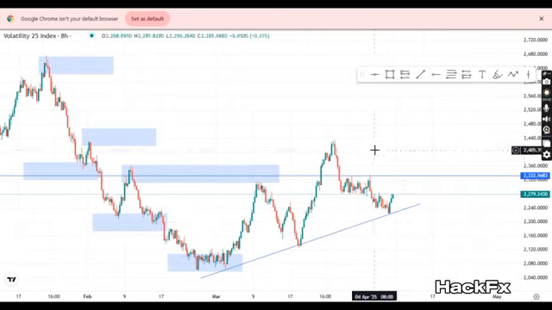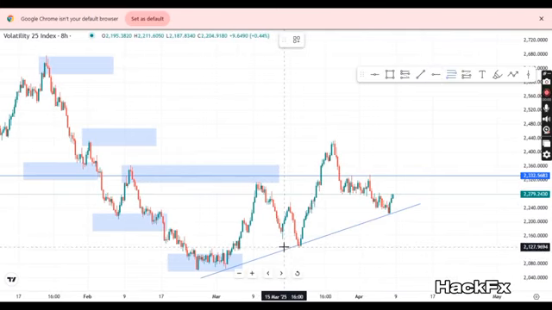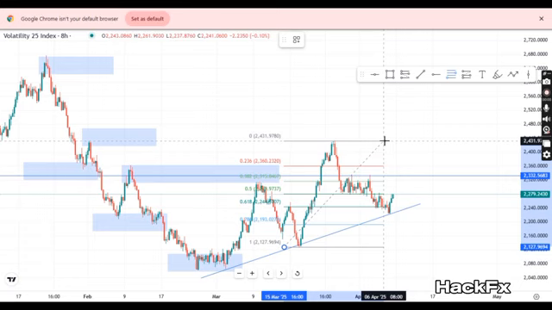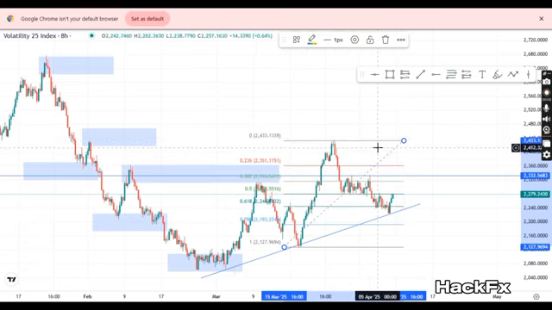Okay, so now we will check it with our Fibonacci. Fibonacci retracement is used to identify retracement zones, where price is possibly going to reverse from.